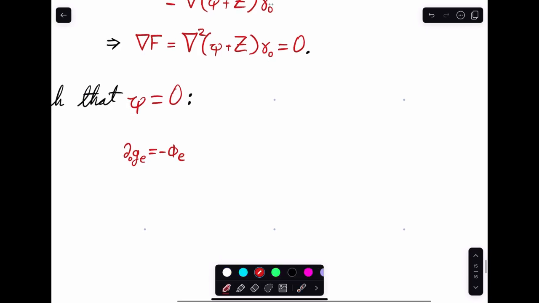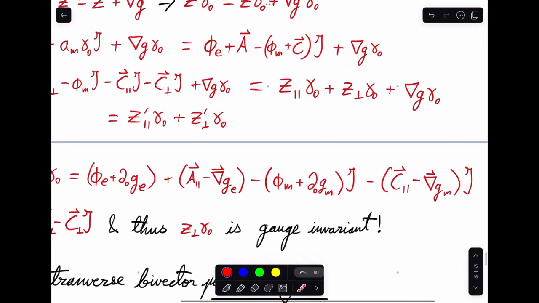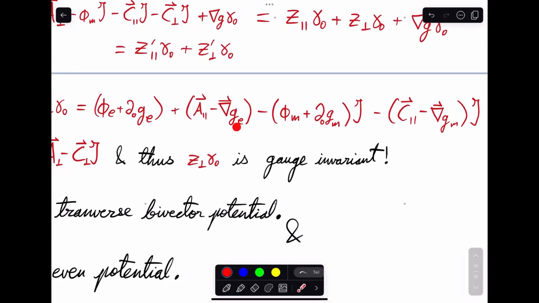Likewise, the partial time of GM is equal to negative phi M. And then we can choose that these are equal to each other, and likewise that these are equal to each other.